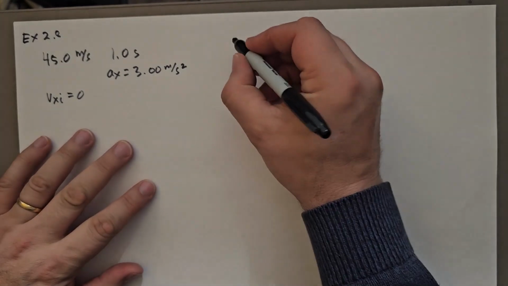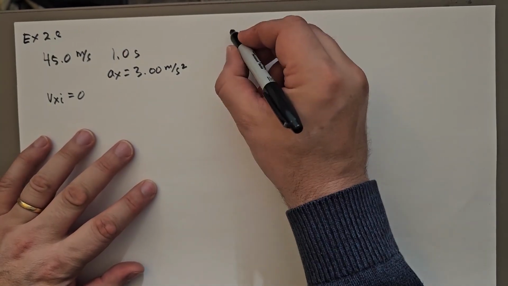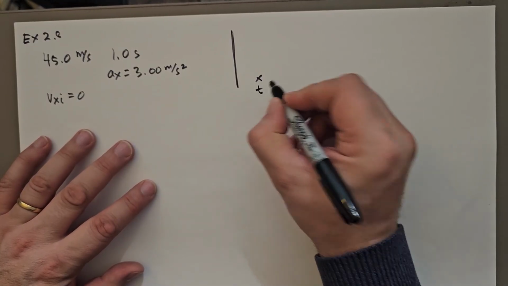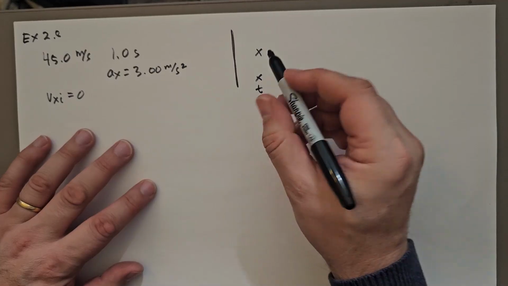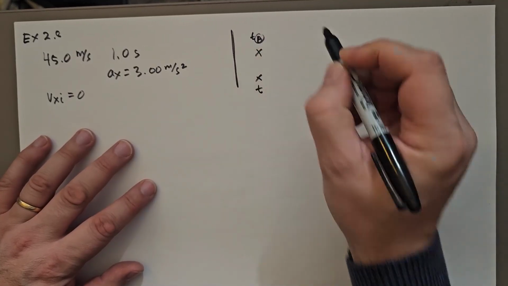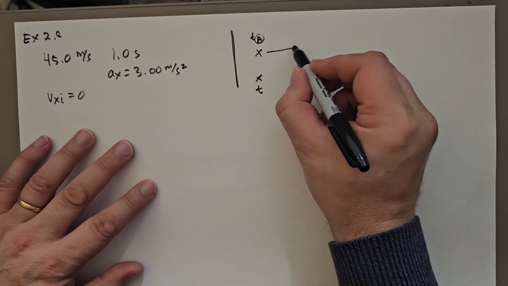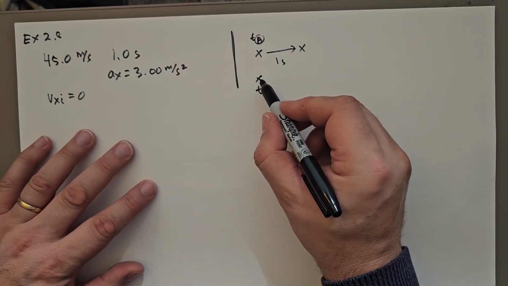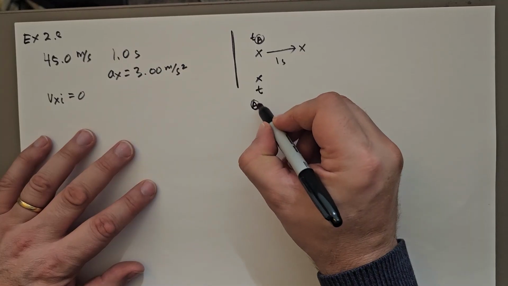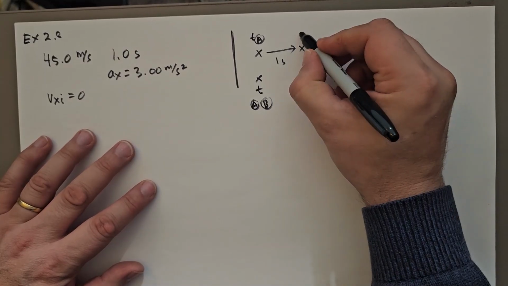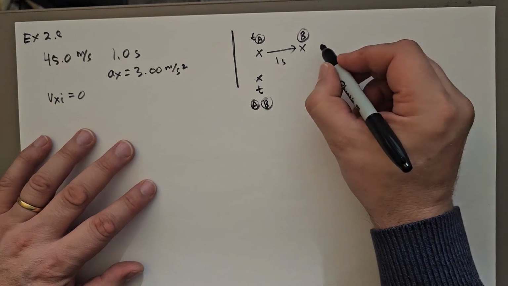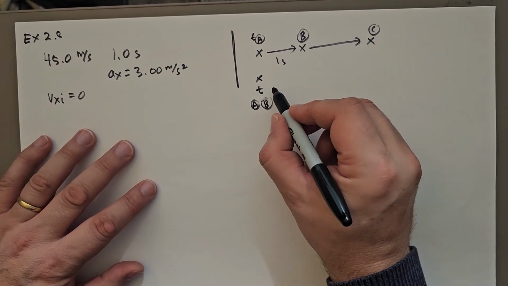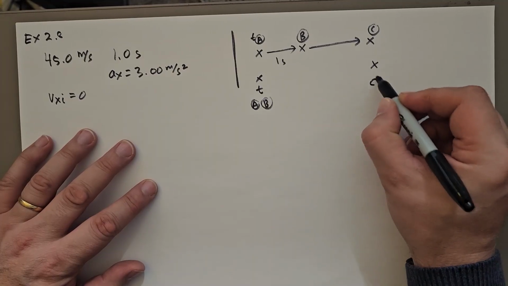Okay, so they have a nice little diagram up here. So here is the trooper, and here is the car at time A. Okay, and then he waits a second, so 1 second passes, and now the car is here. The trooper's still here, right? So this is time A, and at time B, the trooper is there, and now the car is at time B. Okay, and then at some point later, at time C, the trooper has passed.